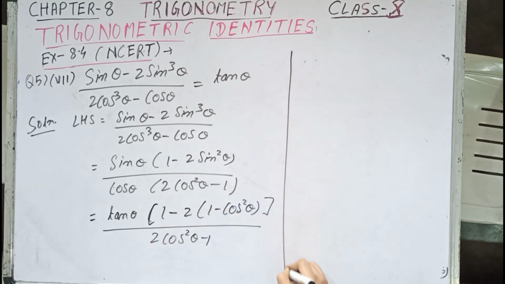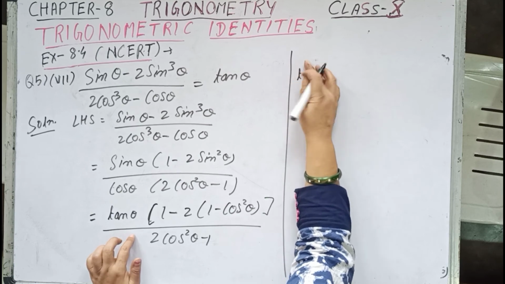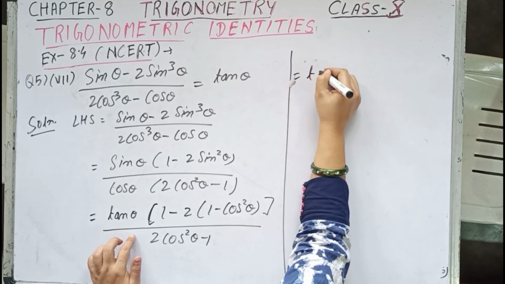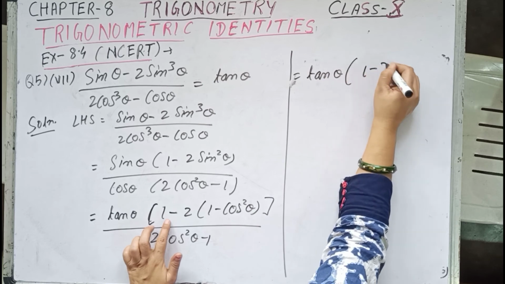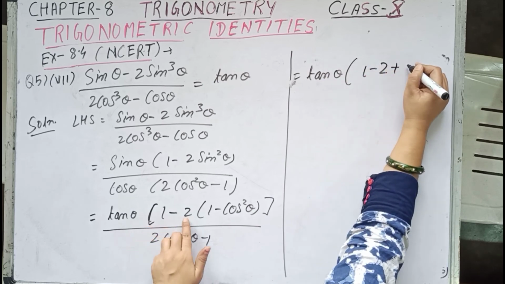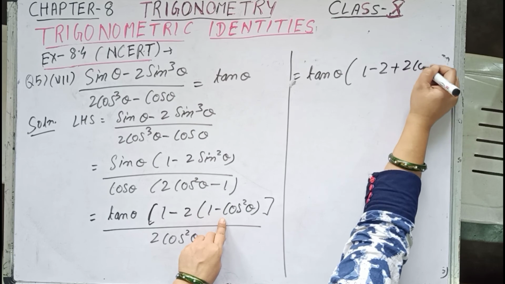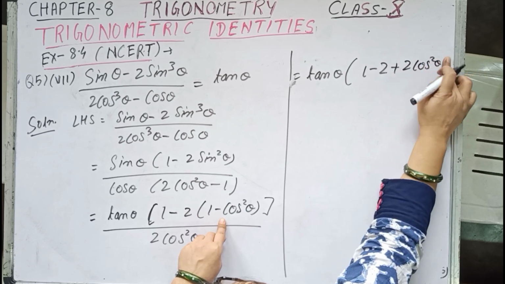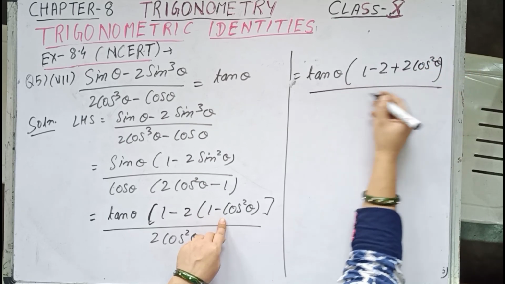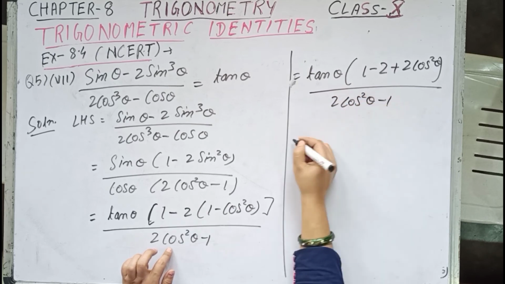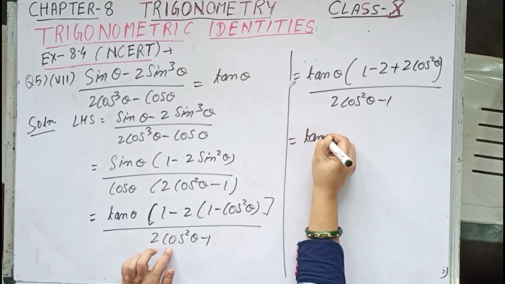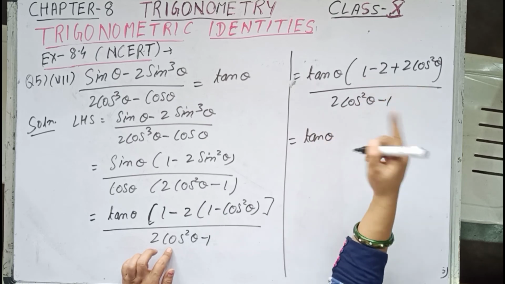So over here we are getting tan theta, and this will be equals to 1 minus 2 plus 2 cos square theta divided by 2 cos square theta minus 1. So this will be tan theta, and 1 minus 2 is minus 1.